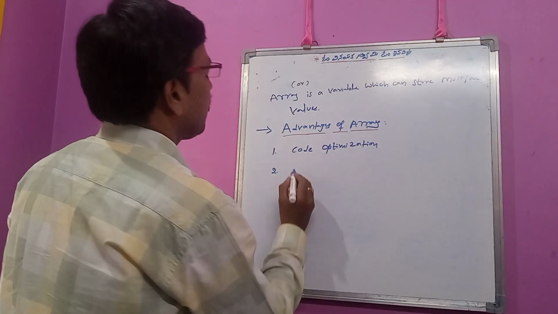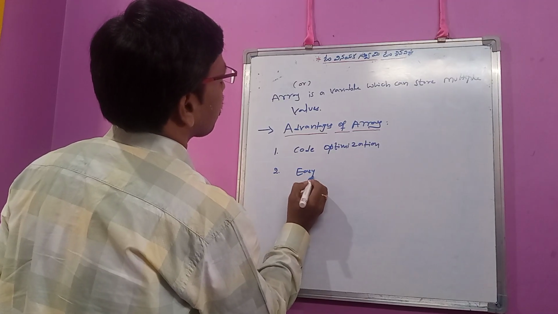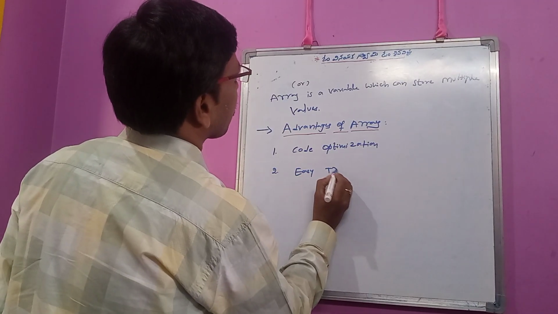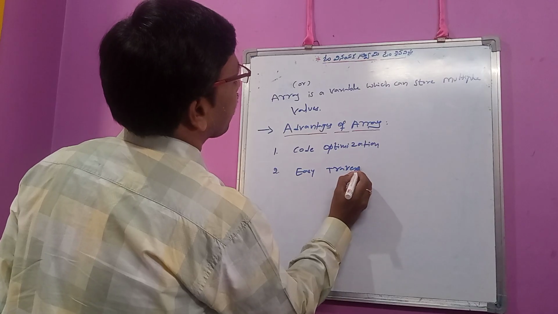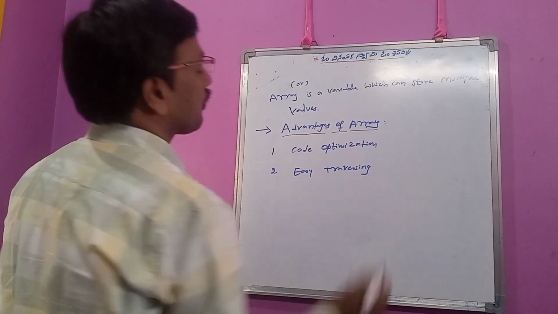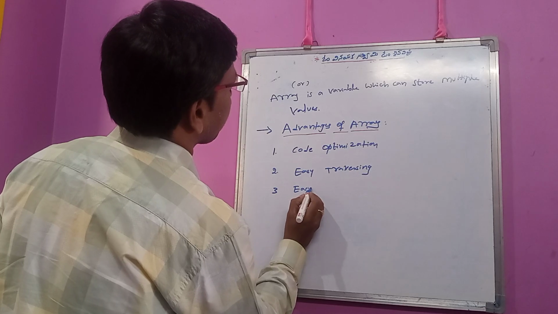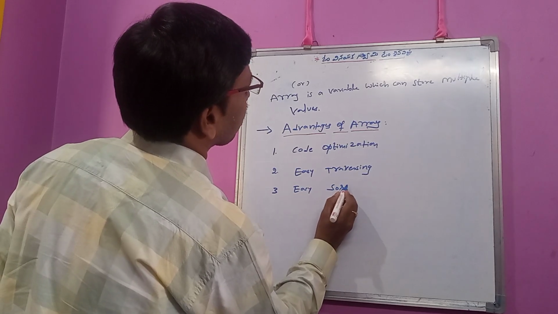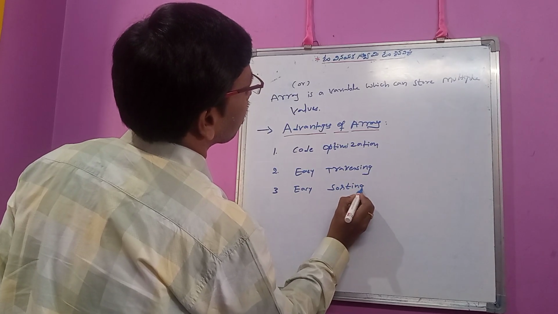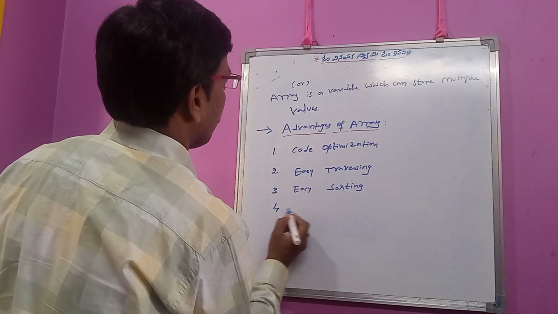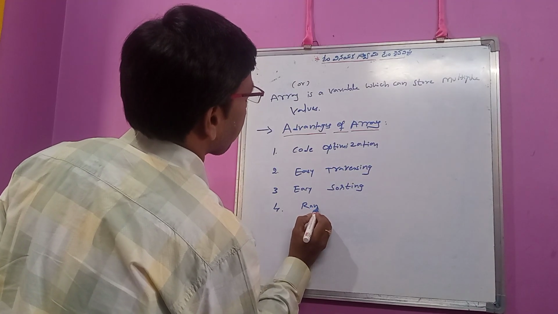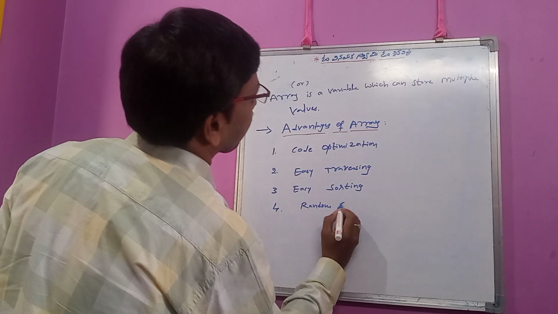Second one, easy traversing. Third one, easy sorting. Fourth one, random access.